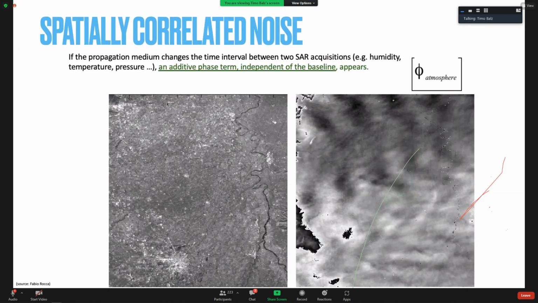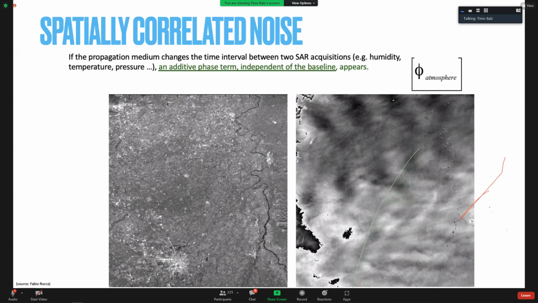The spatially correlated noise is typically the atmosphere. It's not the only spatially correlated noise, but typically that's the atmosphere, as it is slowly changing. Also the path delay is slowly changing over your image. We call that spatially correlated. And we're going to use that property of that noise later on to correct for it.